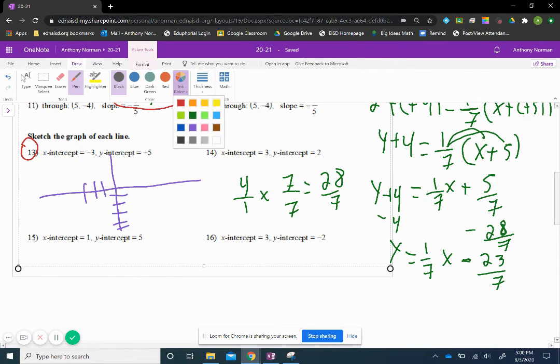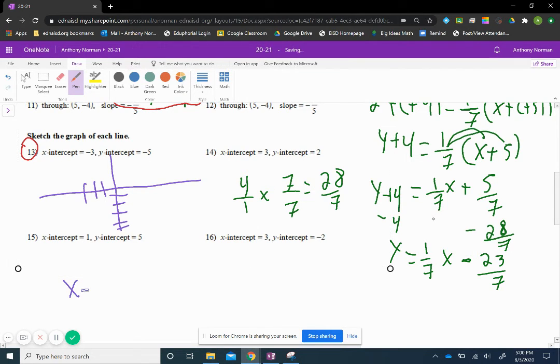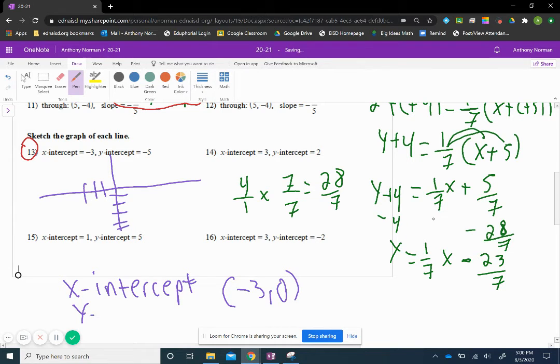So we're going to go to number 13 now. Sketch a graph of each line. This one's really straightforward. We just have to remember what x-intercept and y-intercept mean and how to connect dots. So x-intercept means the x is whatever number it is, in this case negative 3, and the y is 0. Y-intercept is just the opposite.